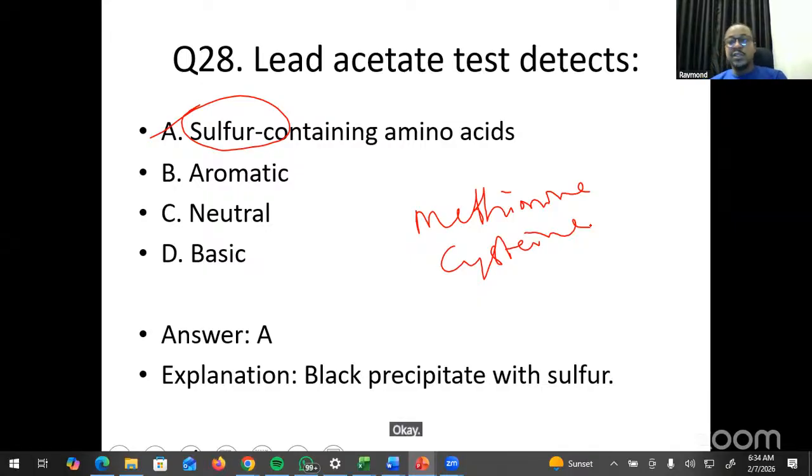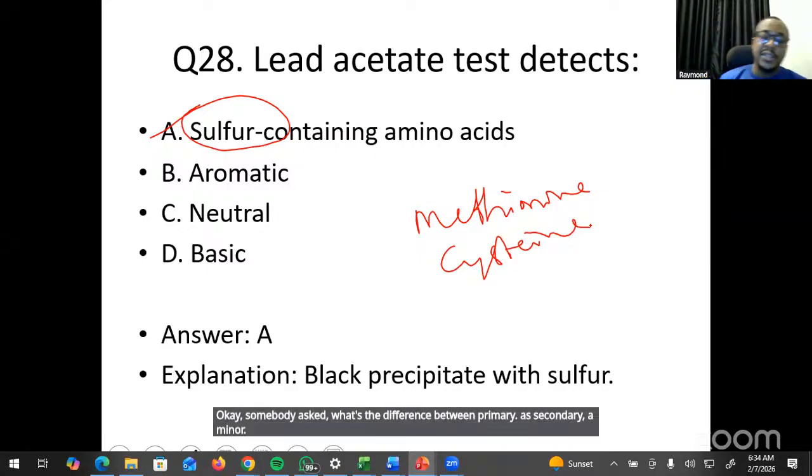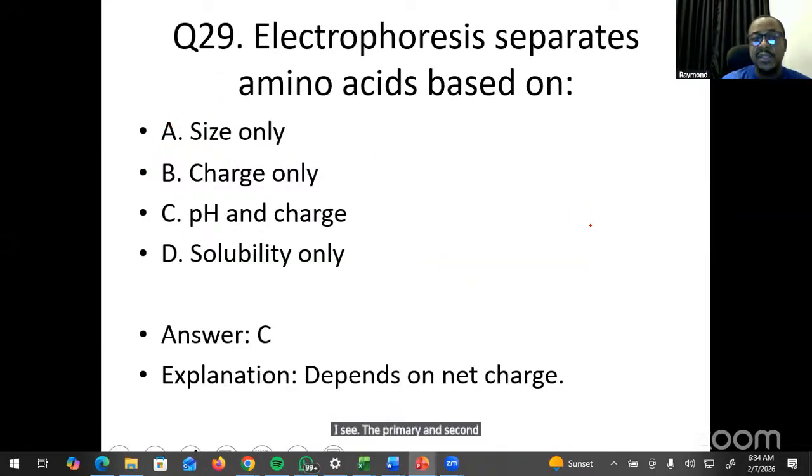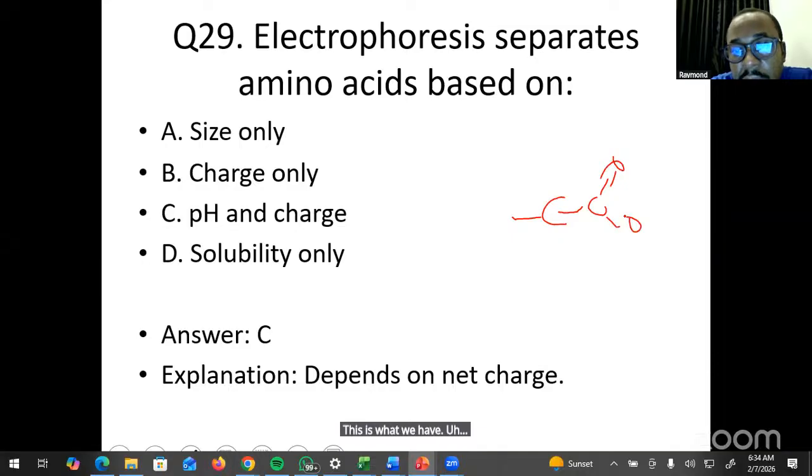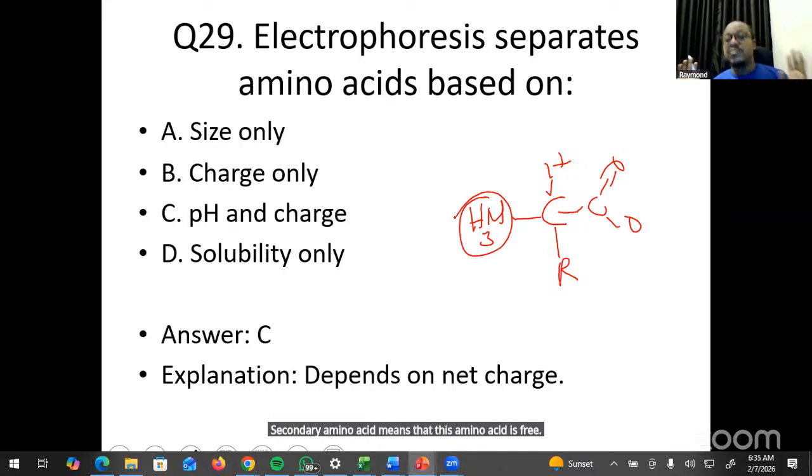Somebody asked what's the difference between primary and secondary amino acids. For a primary amino acid, the amino group is free. For example, this is what we have, with hydrogens. It's not attached to anything else, just hydrogen.